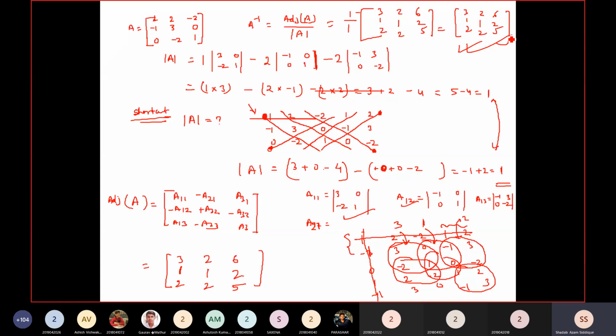Okay, I'll take one more problem for better understanding. For this problem, I'll take a matrix which is given as, do it on your own.